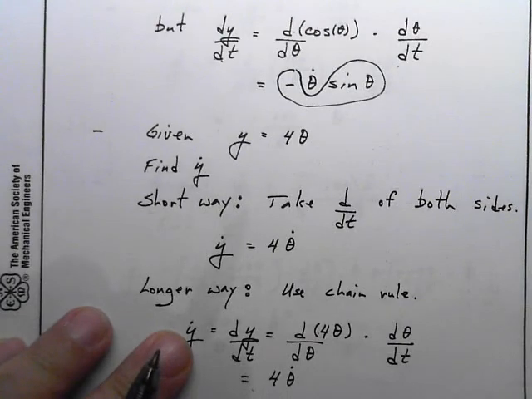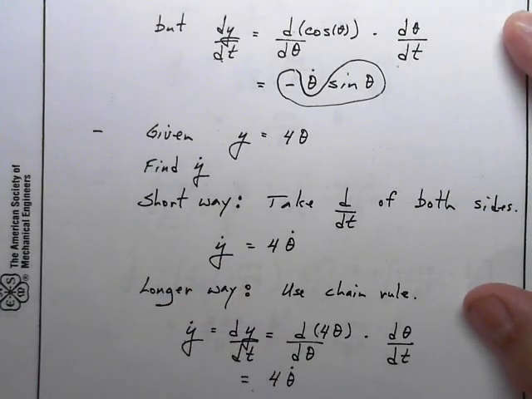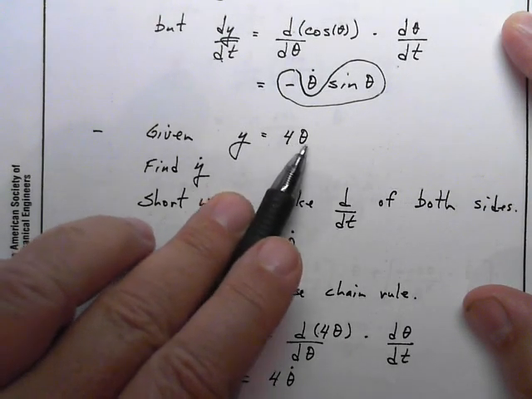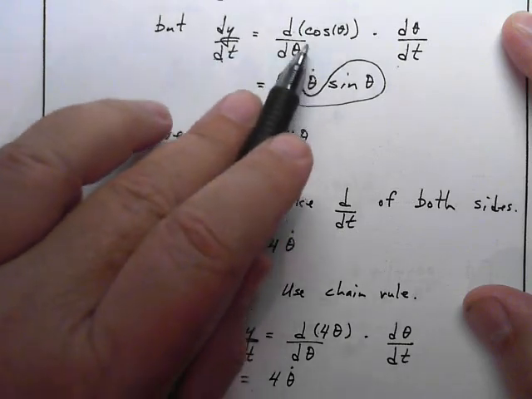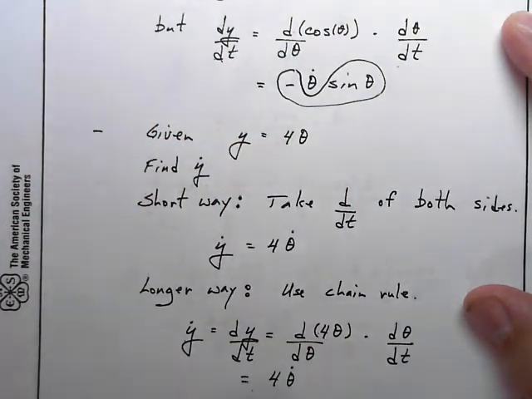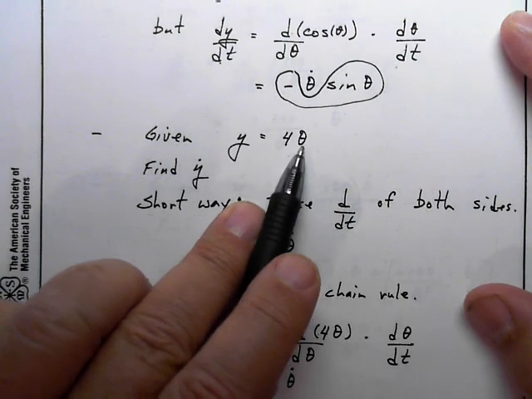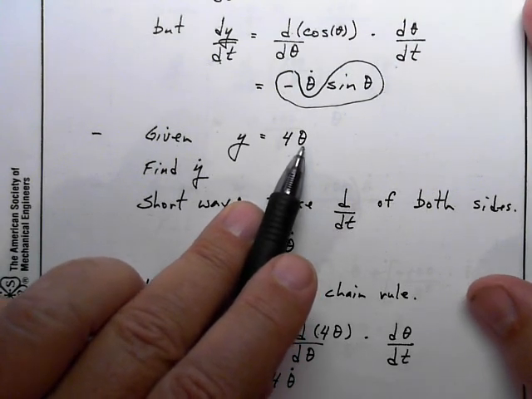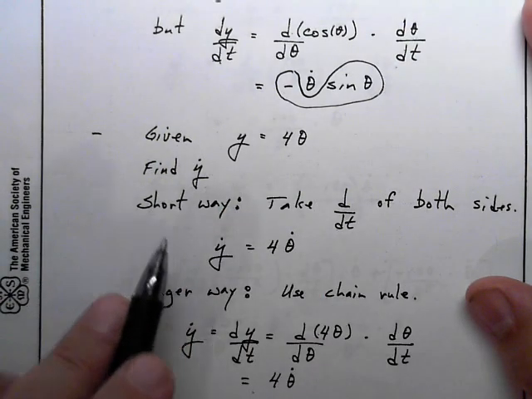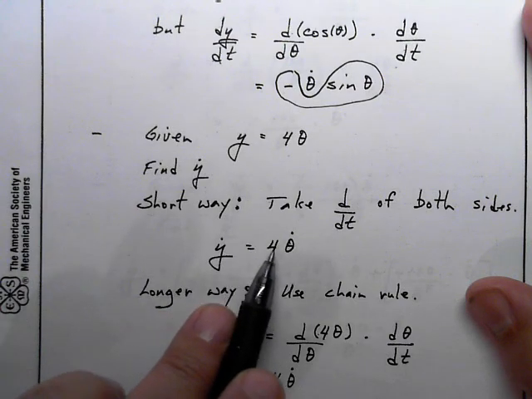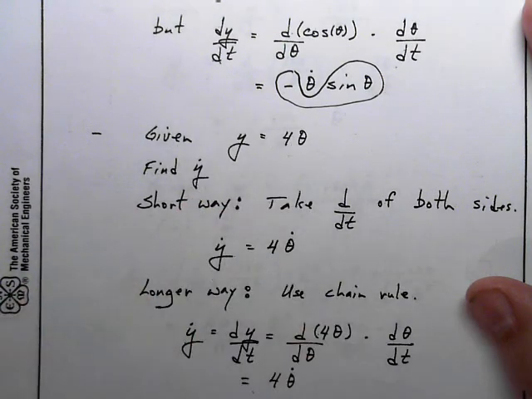Likewise, what if y is equal to 4 times theta? Now, this one is very easy. We could use this chain rule idea from up here, but if we just have theta sitting there, we know that the derivative of theta is theta dot. And so we can simply say that y dot is 4 theta dot when y is 4 theta.